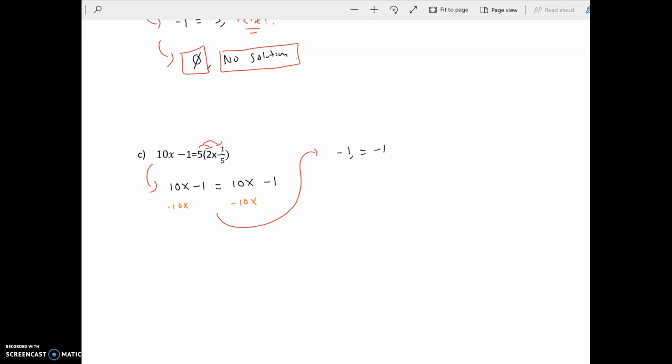Give me just a second. So -1 is equal to -1. And remember this particular case, in this case, this is true. So because you end up with a true statement, you would actually say, well, infinite amount of solutions.